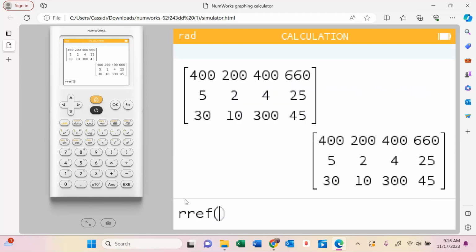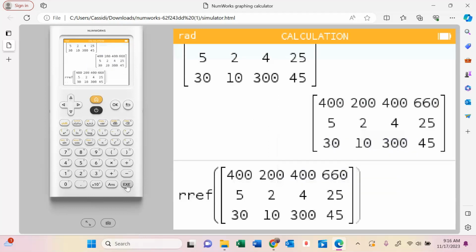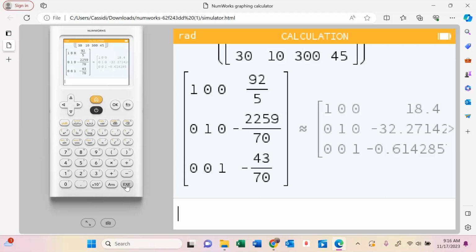So we can click Enter. Once we do that, it needs us to put something in. Since we already typed our matrix, we can just click the up button and highlight that matrix and click Enter, and it fills it in automatically for us. And then we can click Enter again, and it gives us a solution.